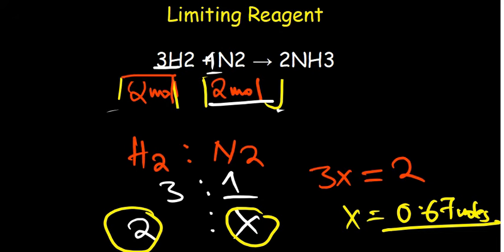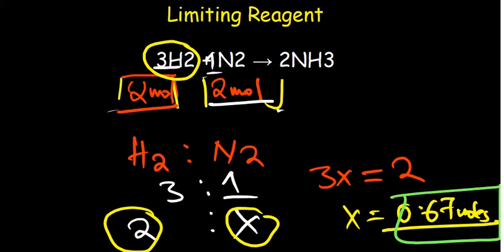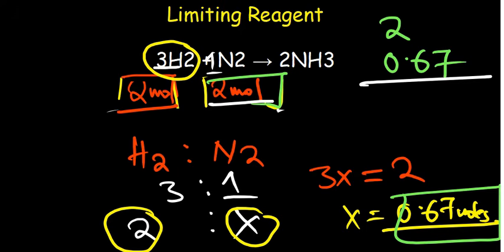So what this means is, when you react 2 moles of nitrogen and hydrogen, the 2 moles of hydrogen is going to finish by only reacting with 0.67. So from the 2 moles of nitrogen available, only 0.67 is going to be used. And that's why the products will stop being formed, because the other reactant has been depleted.